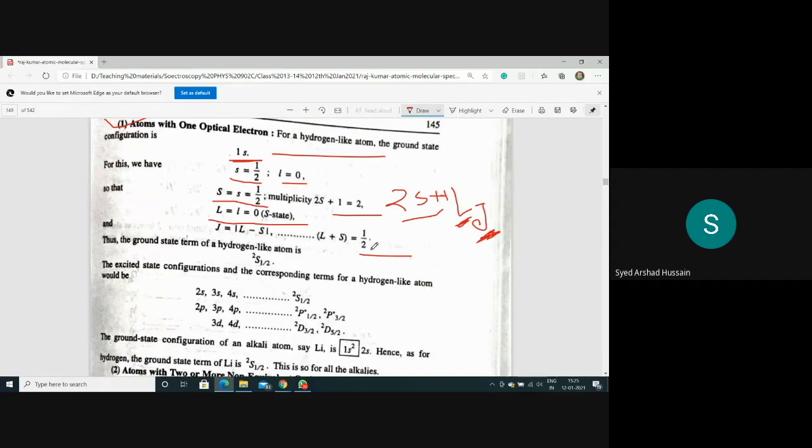So here 2S plus 1 is 2, because S is equal to half. L is equal to 0 means S state, and J is equal to half. This is your term. Term means collection of levels.